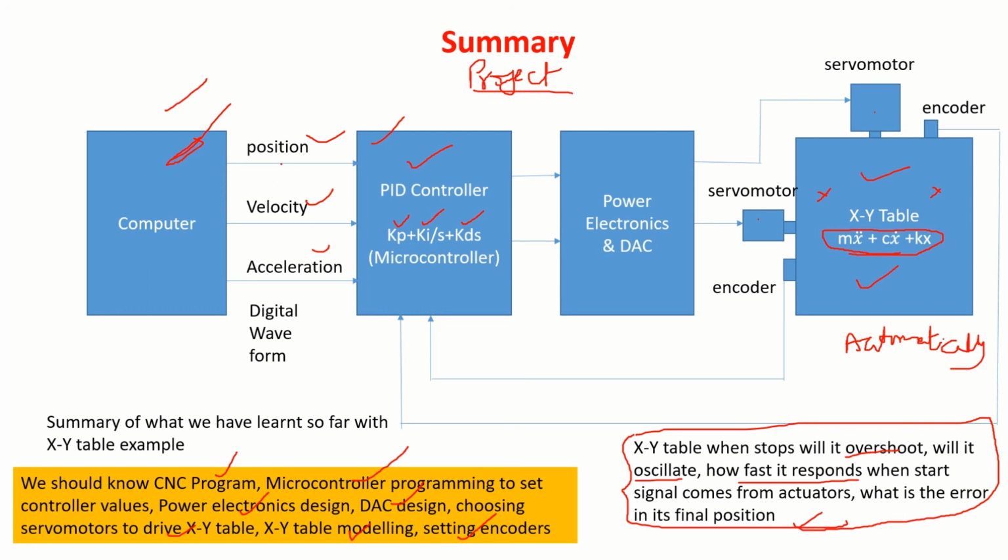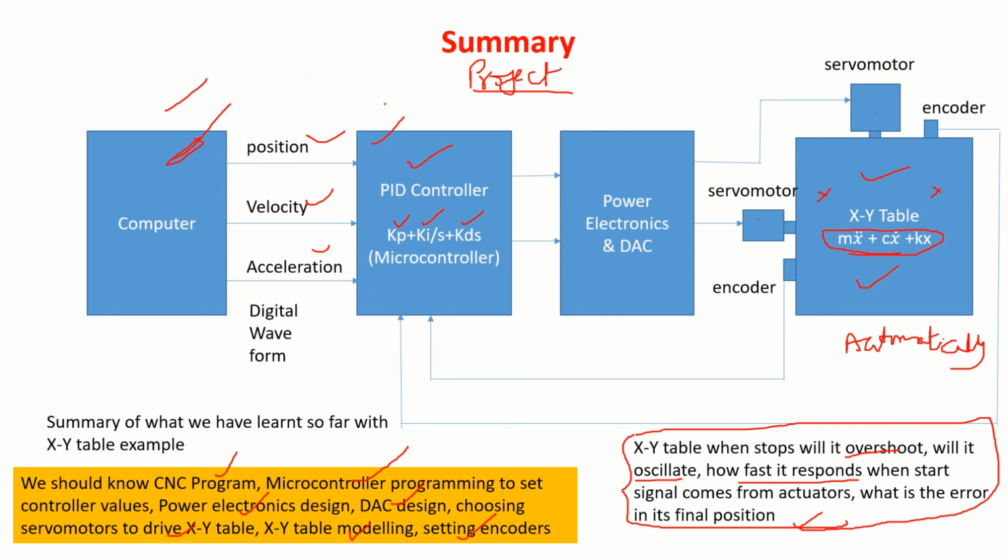When we give signals, we define step, ramp, parabolic, which are all in the time domain, and we observe the output also in the time domain. Instead of these time domain signals, if I give frequency based signals, how exactly does the control system behave?